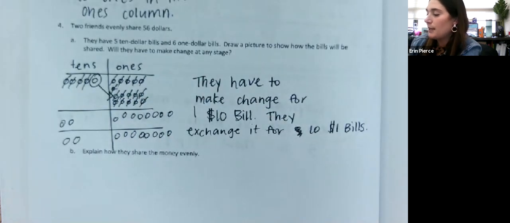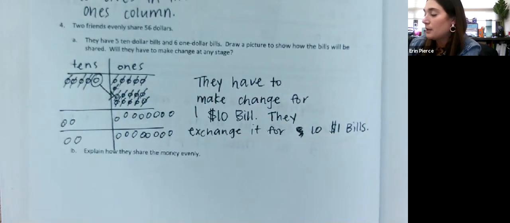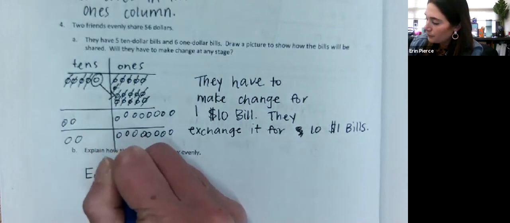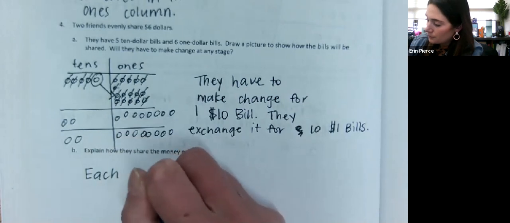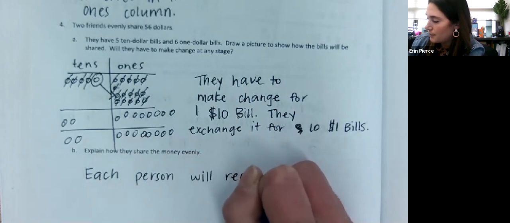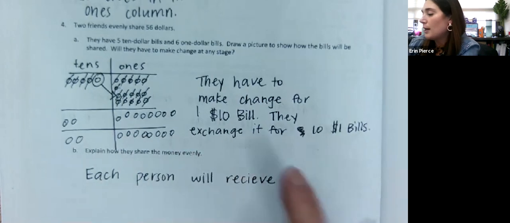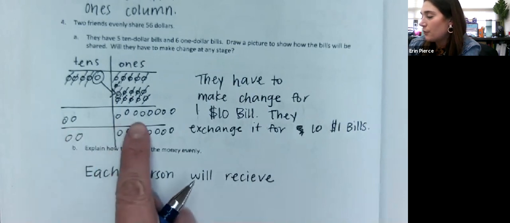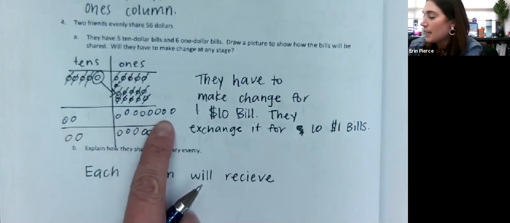Explain how they share the money evenly. So each person will receive, let's see how much money they will receive. 2 tens, and 1, 2, 3, 4, 5, 6, 7, 8 ones.